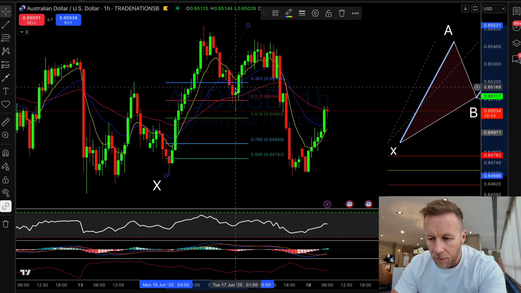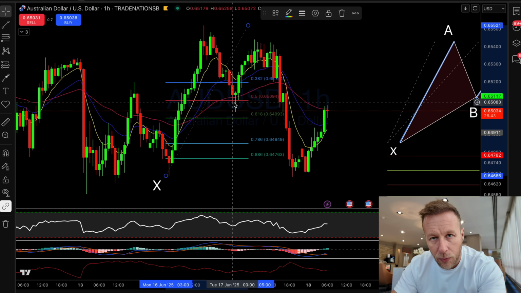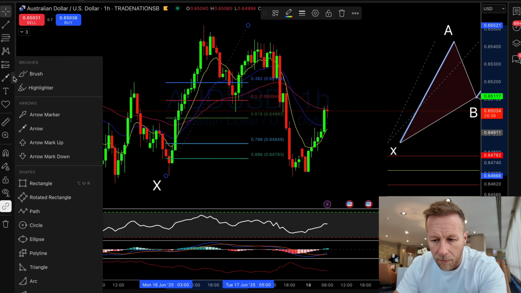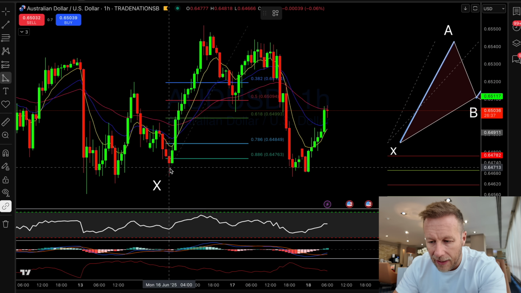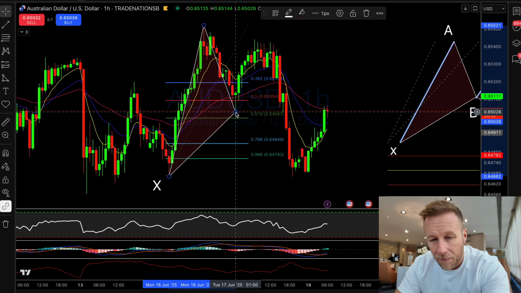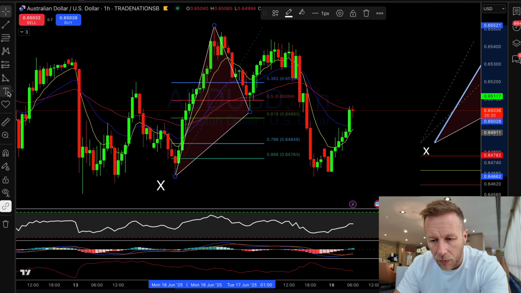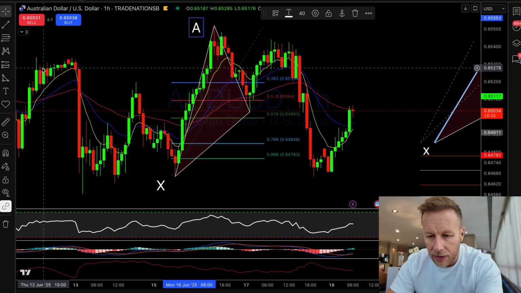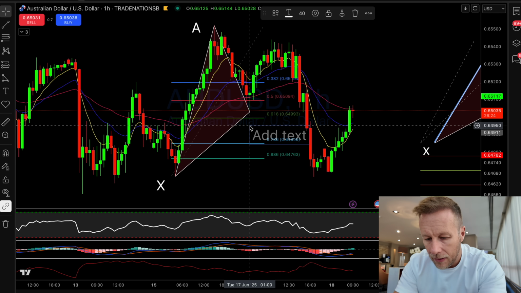You can see that we hit that 50% retracement, but we didn't hit the 618. So now what we've got is our valid X, A, B. We can label this A, and we can label this B.